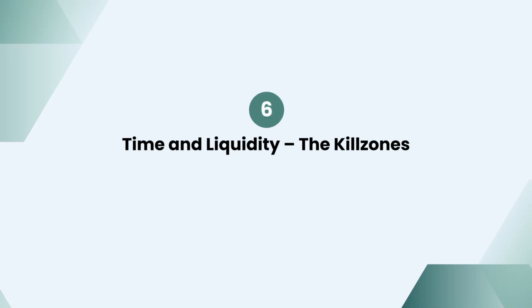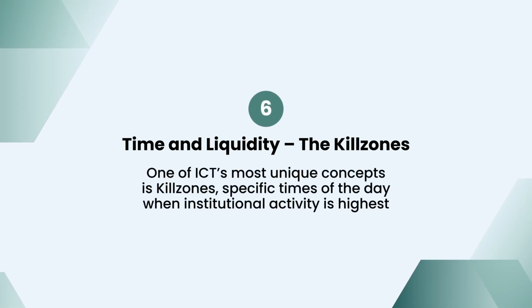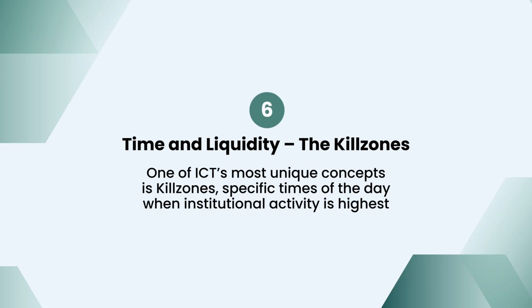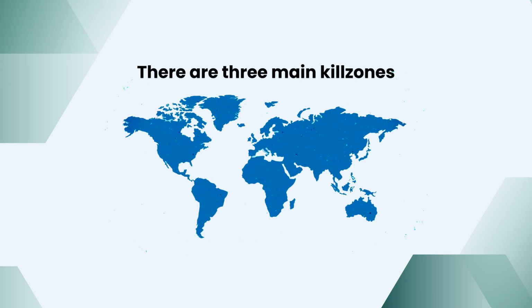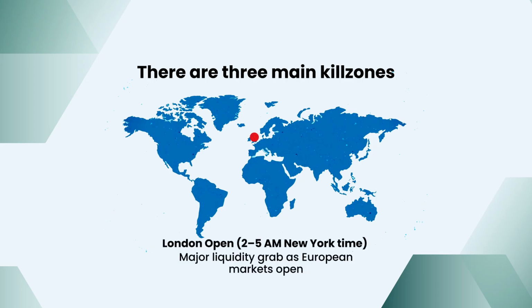The number 6 is time and liquidity, the kill zones. One of ICT's most unique concepts is kill zones, specific times of the day when institutional activity is highest. There are 3 main kill zones. London open, 2 to 5 a.m. New York time, a major liquidity grab as European markets open.